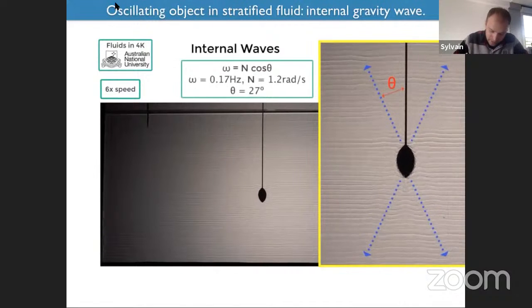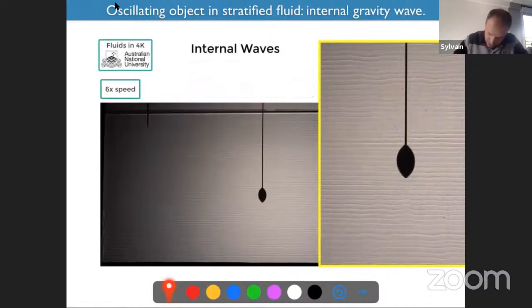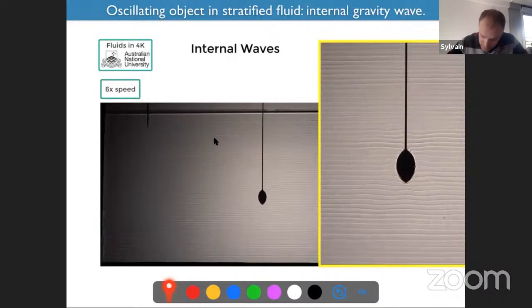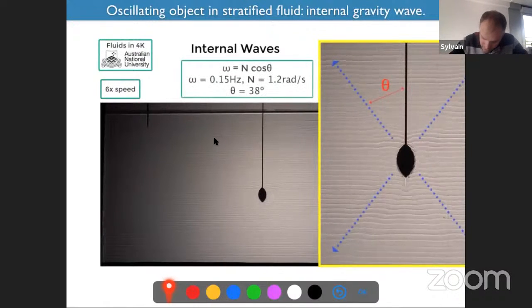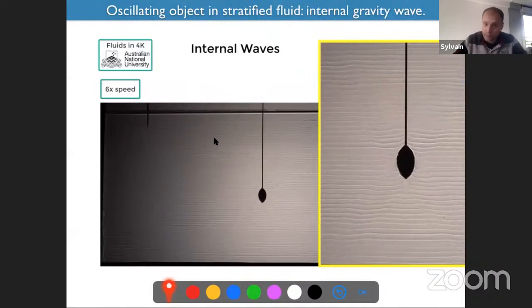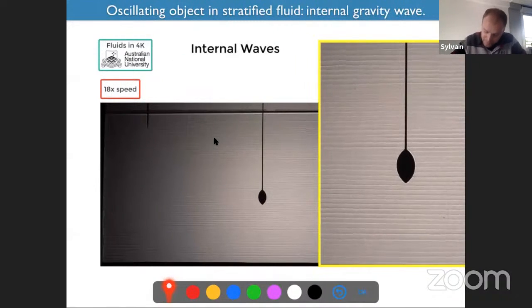we have an oscillating object, which is this one. It's oscillating at a frequency omega. And what you see now is that when it's oscillating at frequency omega, you can see 4 directions of the propagation of the wave.